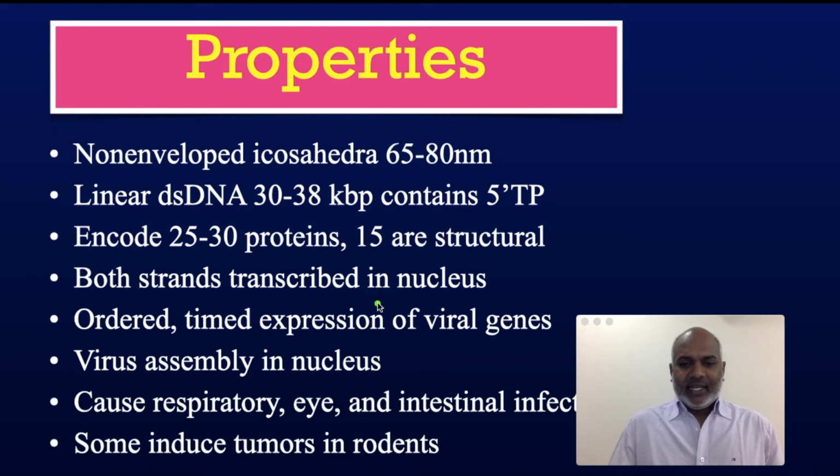As I said, it causes upper respiratory infections because it is transmitted through aerosols or droplet nuclei from one person to another. Because of these infections, there can be secondary infections in the form of bacterial pneumonia, and it can also cause gastrointestinal infections and conjunctival infections in the eye.